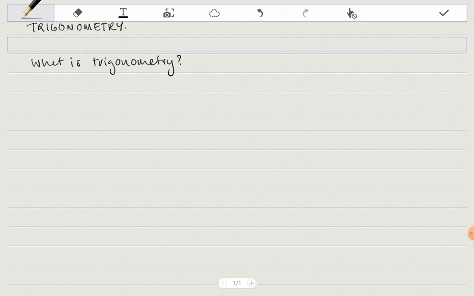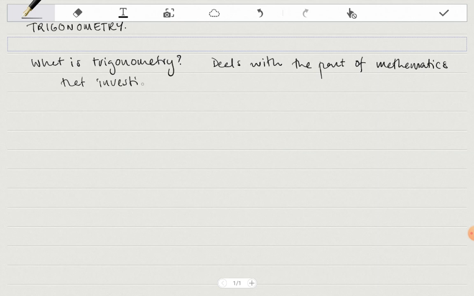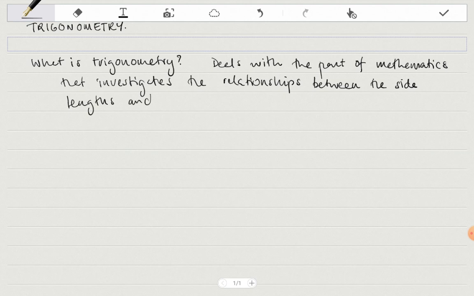If we think about trigonometry, it deals with the part of mathematics that investigates the relationships between the side lengths and angles of triangles.